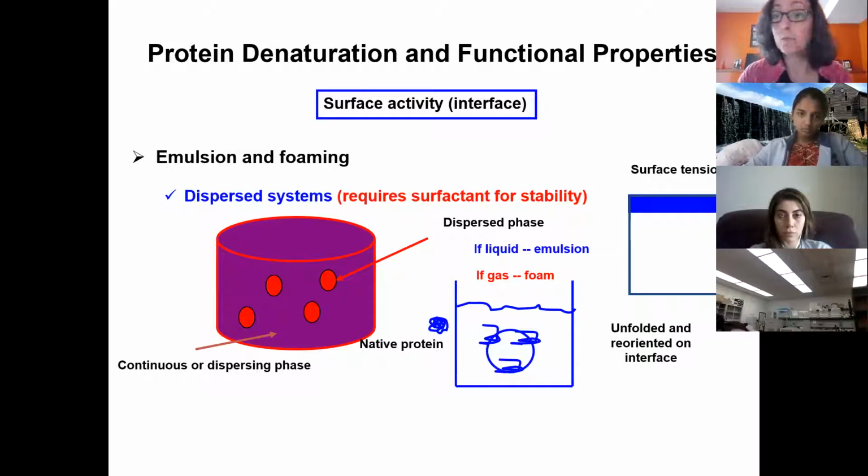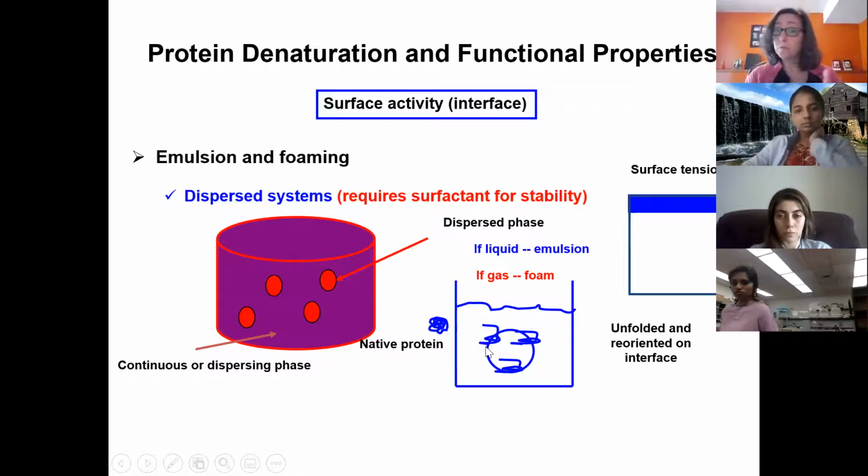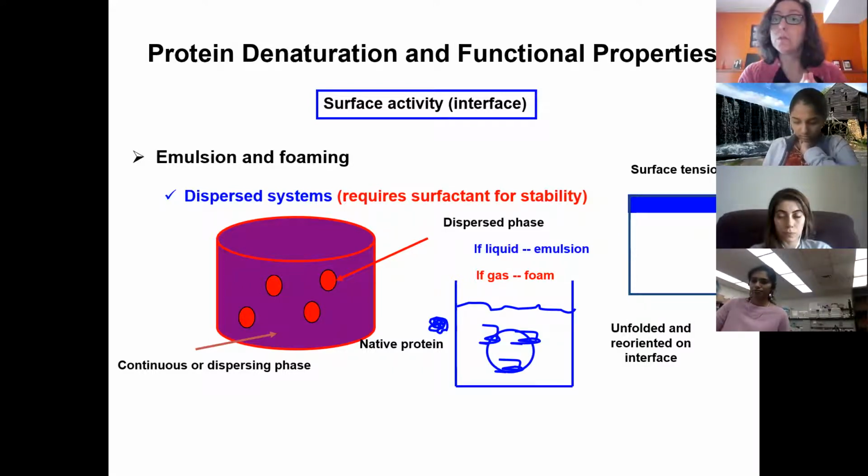So we need that work so that the protein can move to the interface and unfold and start orienting their polar groups to the aqueous phase and the nonpolar group to either the lipid phase or the air phase. So we need that work to get that to happen.